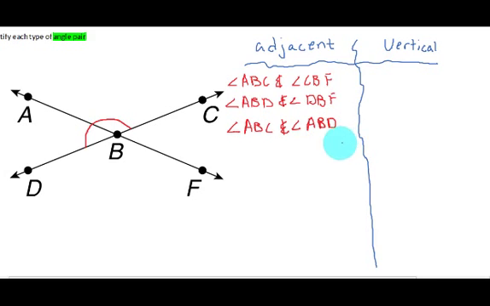And finally, looking at the other side of this line, I see there are another pair of adjacent angles. And we'll call these angles DBF and CBF.